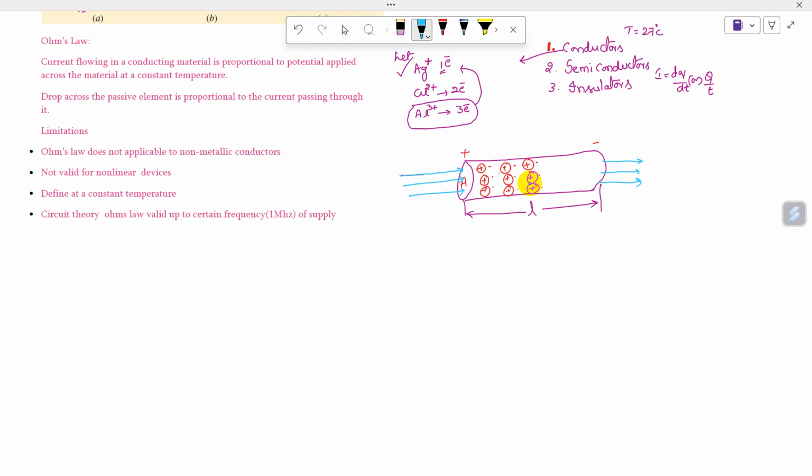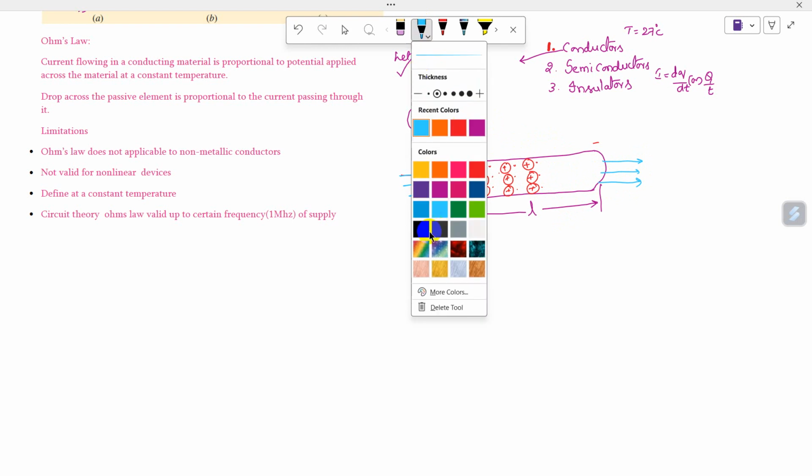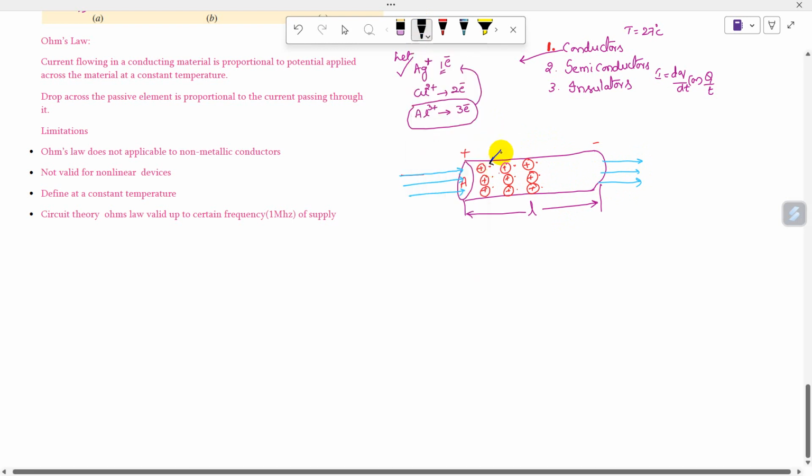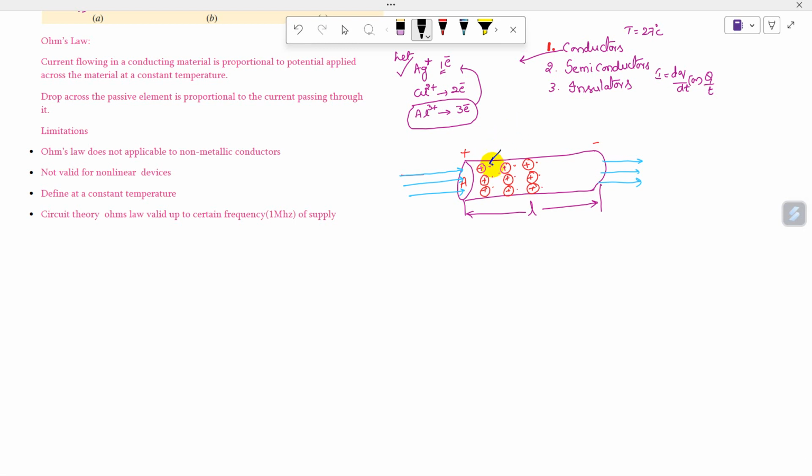Now, upon applying this external field E, these free electrons will acquire energy and they will start moving. So they will move along the field direction, or in alignment with the field direction.